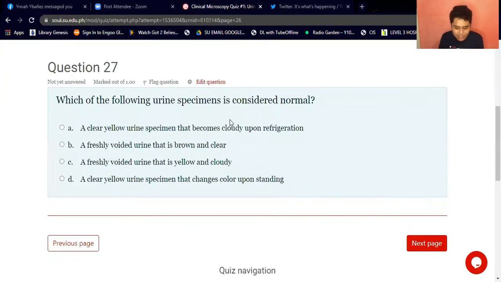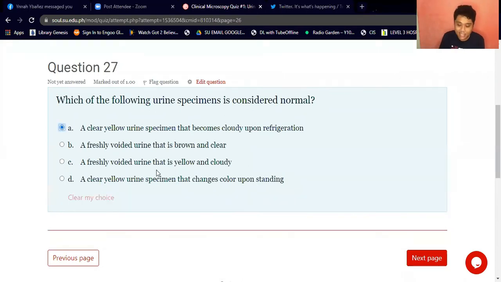27, which of the following urine specimens is considered abnormal? Clear yellow urine that becomes cloudy upon refrigeration, freshly voided brown and clear, freshly voided yellow and cloudy, and clear yellow urine specimen that changes color upon standing. Okay, very good, letter E, because it indicates the precipitation of amorphous substances after refrigeration.